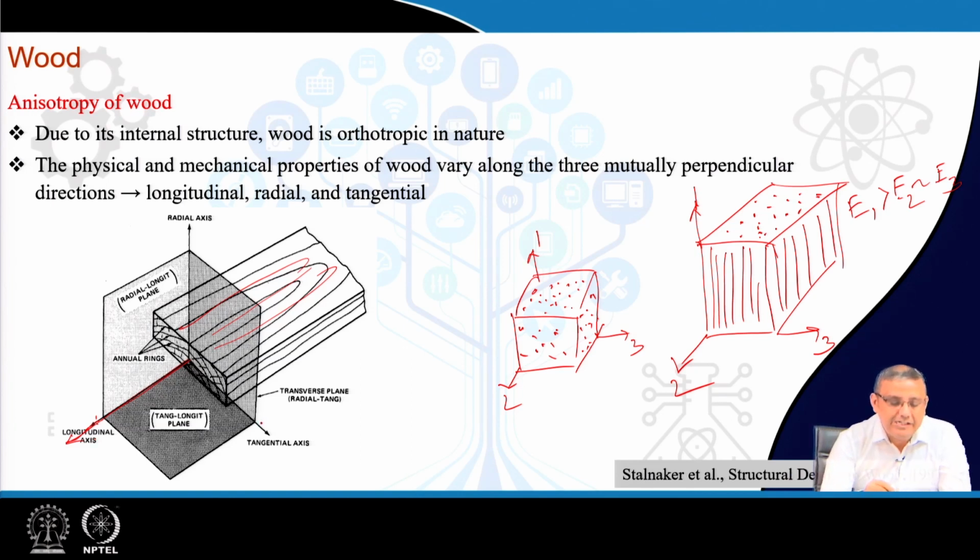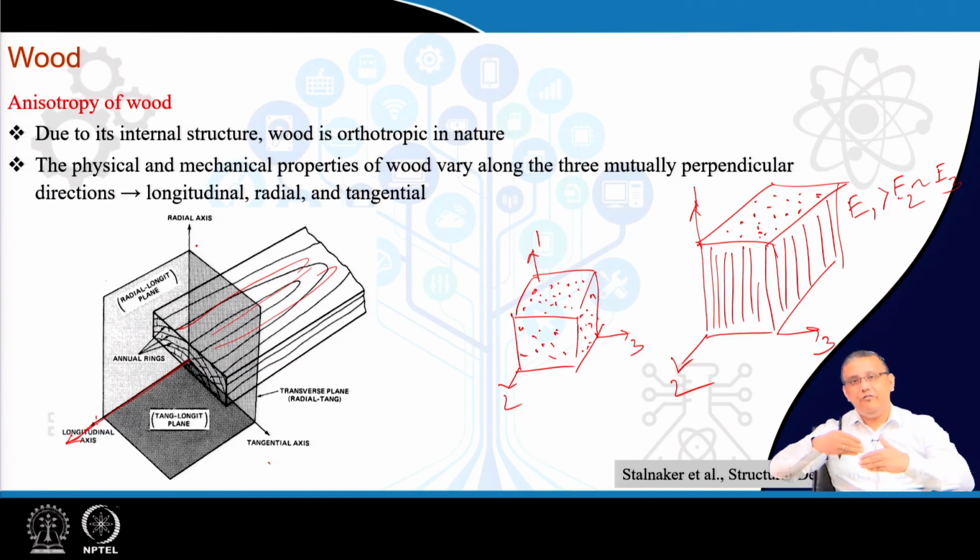But now in the case of wood, if you make a section cut, you do not have identical properties along the tangential axis and along the radial axis. So, basically you will see that in such a material, the properties vary along 3 mutually perpendicular directions.